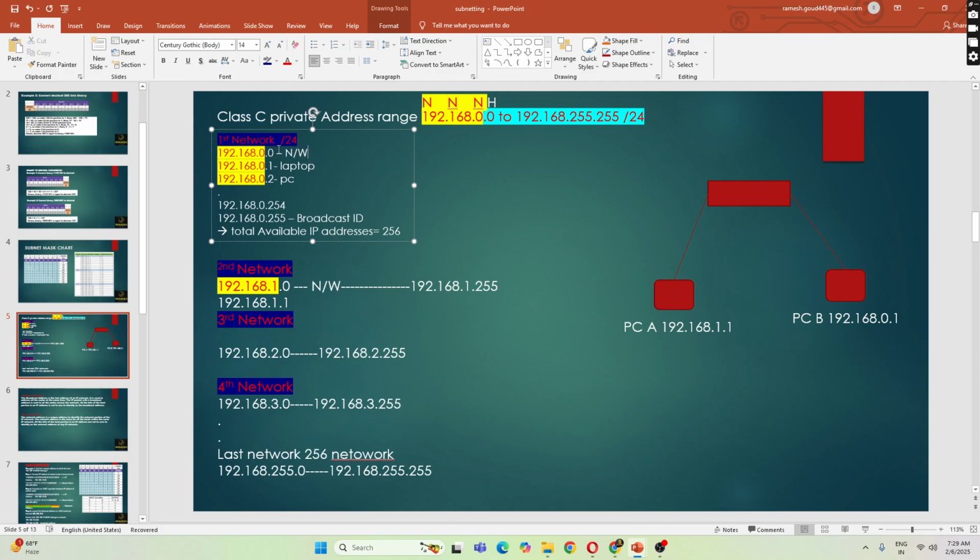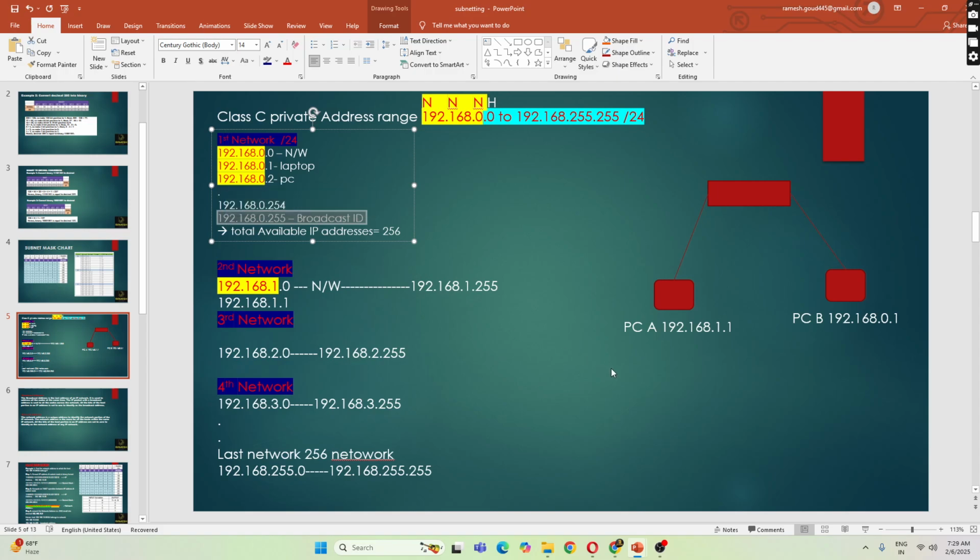Why would you want to assign this IP address to a system? You cannot use 0.0 and 0.255 for any computer. This is standard, they are used for a specific purpose. We are not using them for any computer or node.